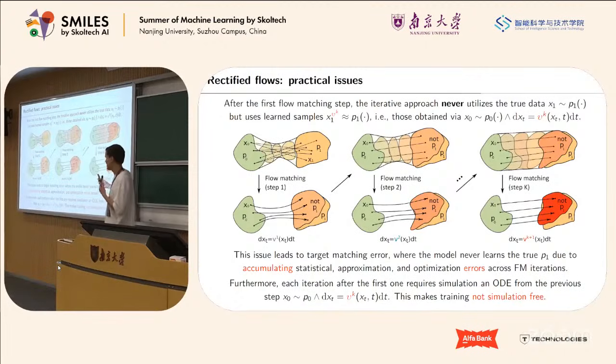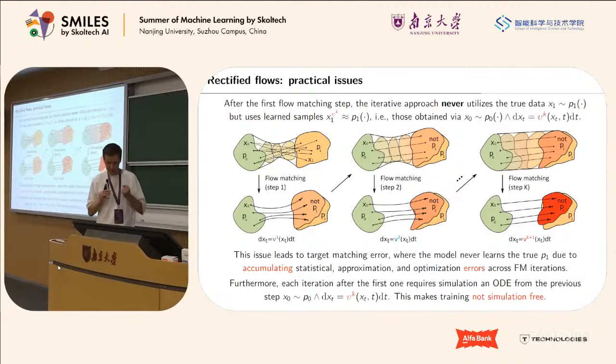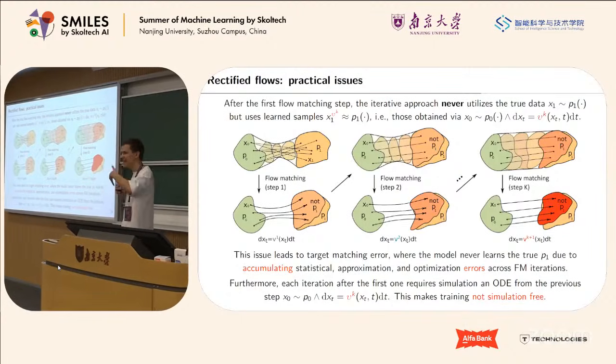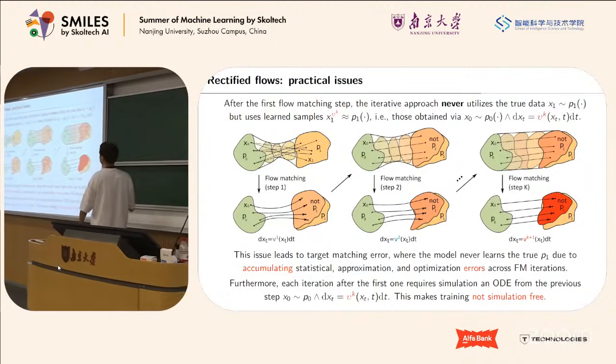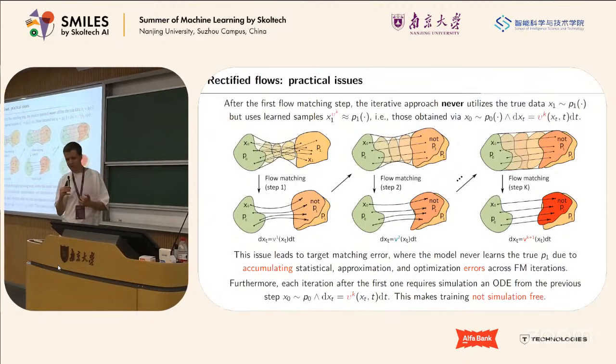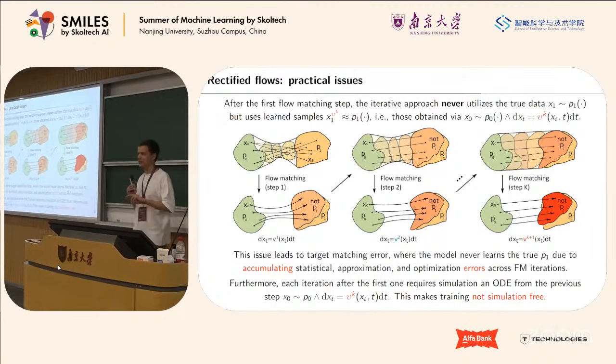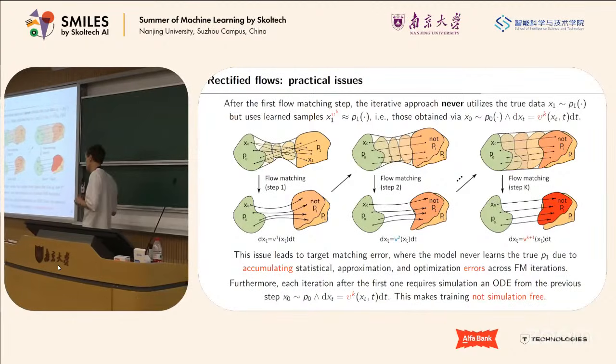So in practice, this procedure is not very useful if you want to do many iterations, because you will just accumulate the error. But fortunately, the authors demonstrated that in practice you need just 2 steps, and the trajectories will be already straight enough for generation.